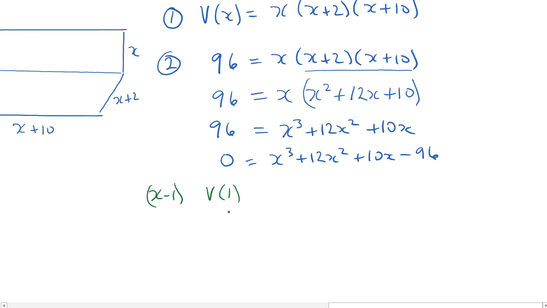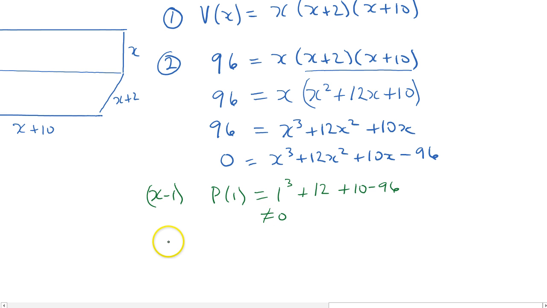I'll call it a polynomial p here, so p of 1. So I will get 1 cubed plus 12 times 1 squared plus 10 minus 96. That is definitely not going to be equal to 0.